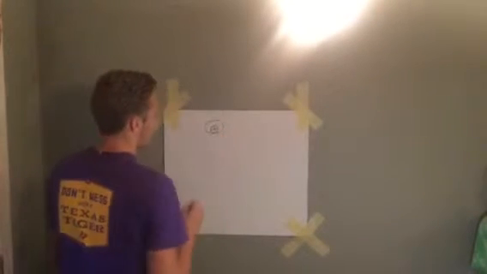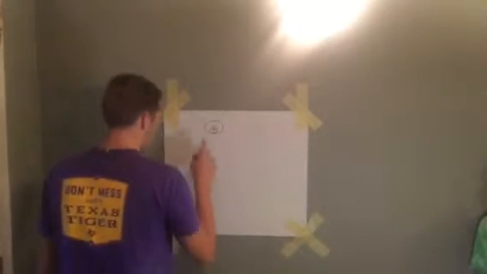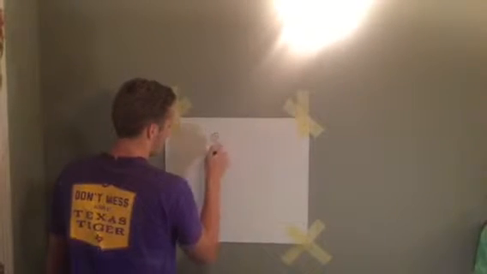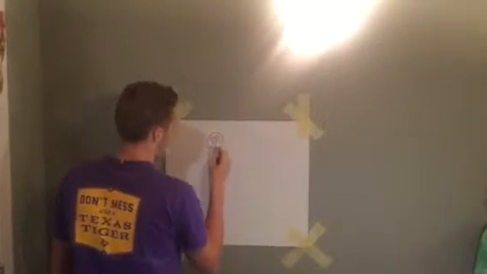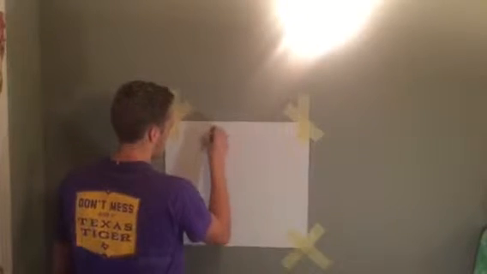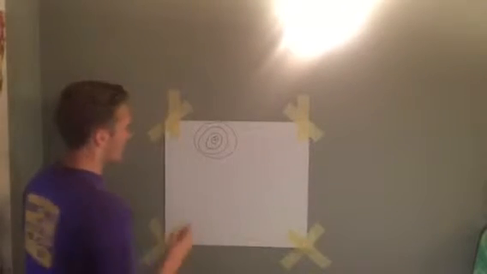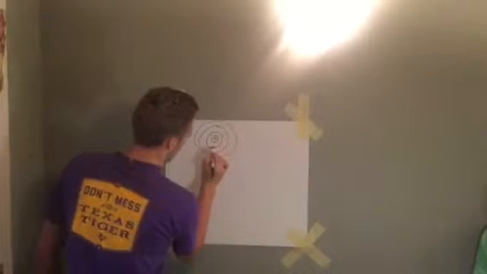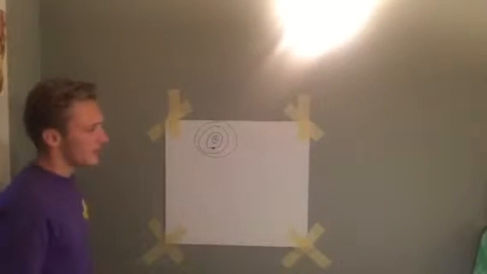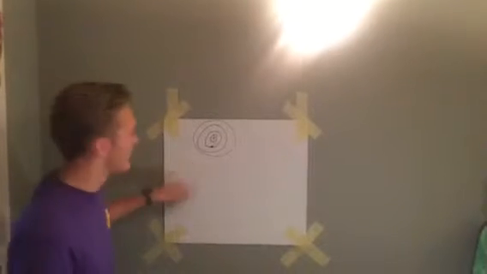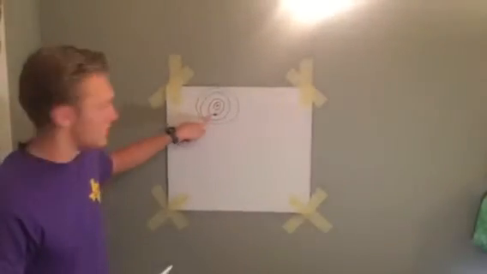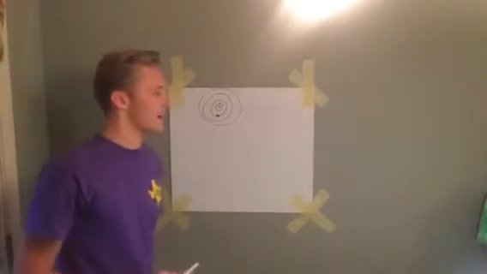You got first energy level, which was poorly drawn. Should probably be more like that. You got your second energy level, third, and so on. So hydrogen only has one electron on the first level, like that. So this is at ground state, whenever the electrons are at the lowest energy level possible, I guess.